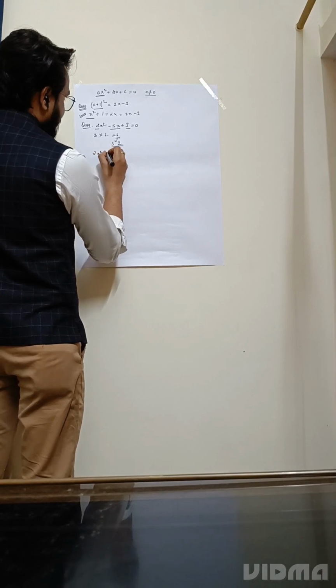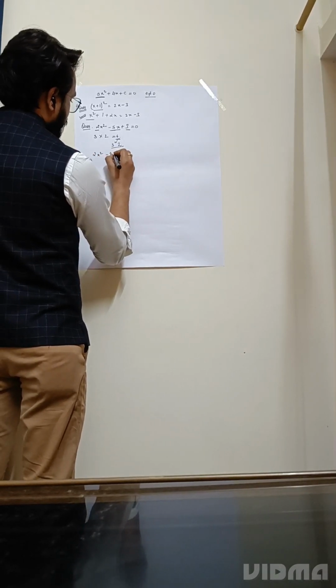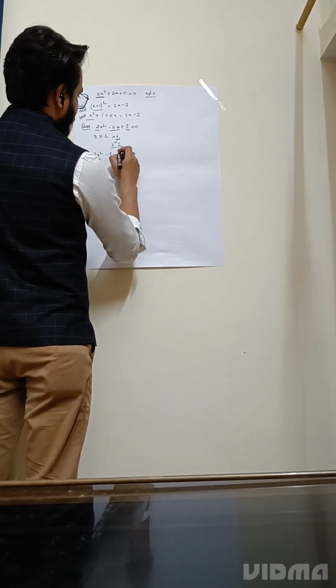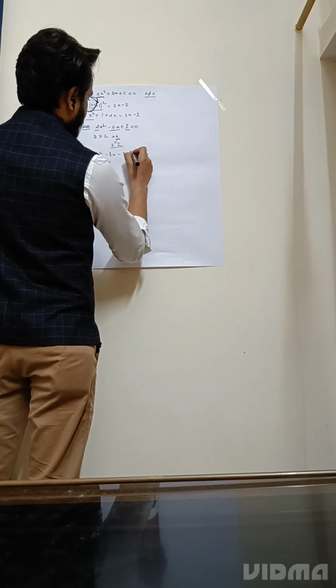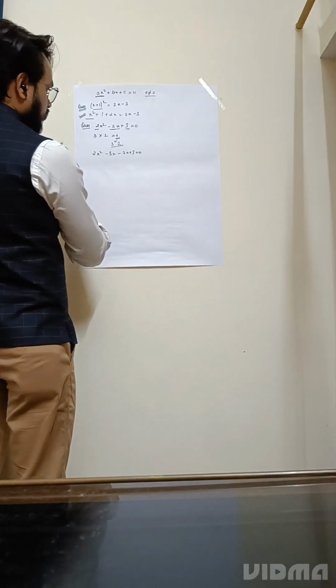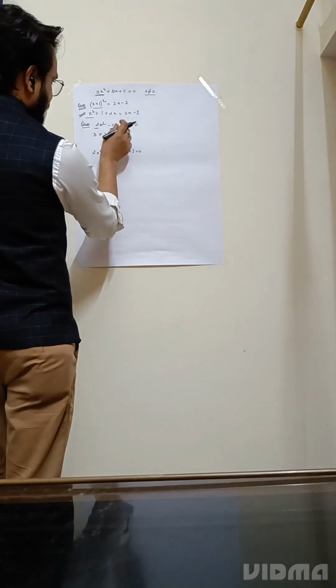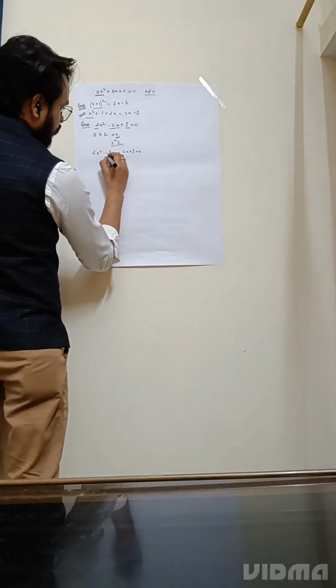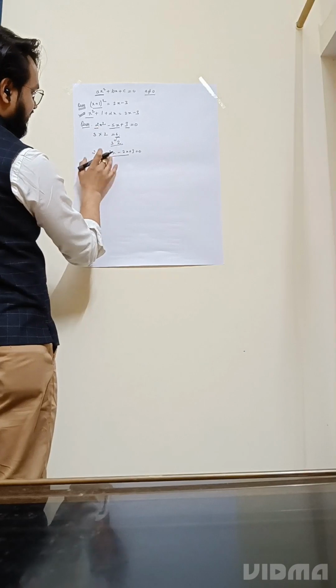Now we can write the equation as 2x square minus 3x minus 2x plus 3 equal to 0. So we have just split the middle term into two terms, so it doesn't change anything.